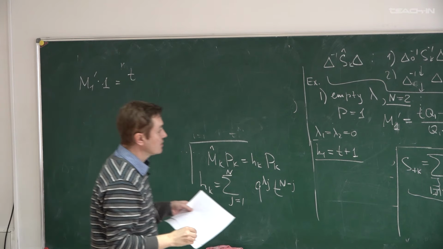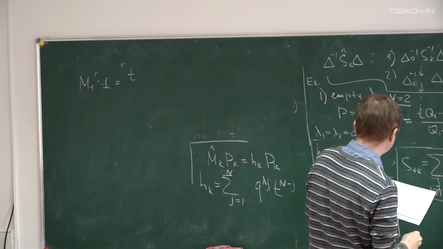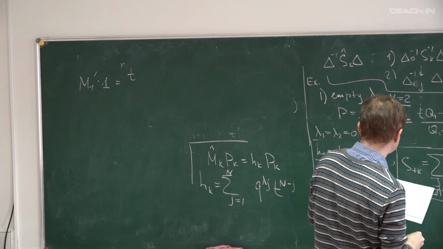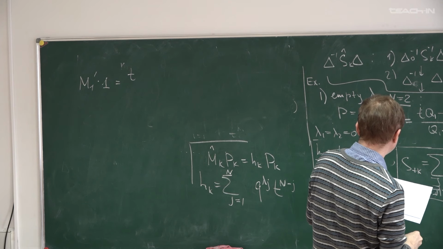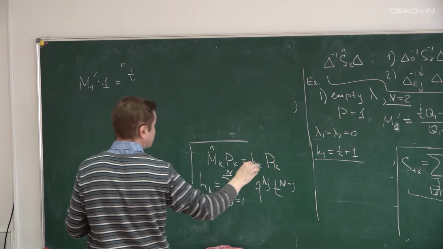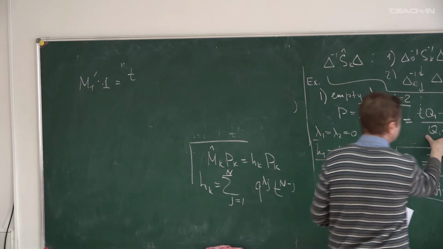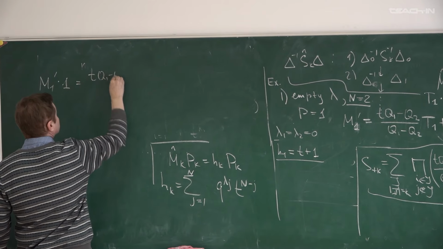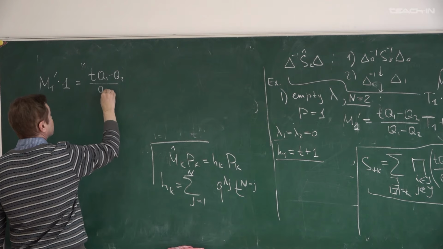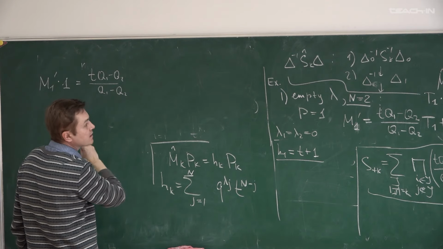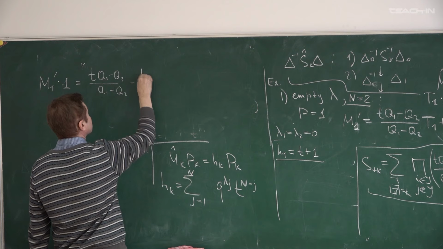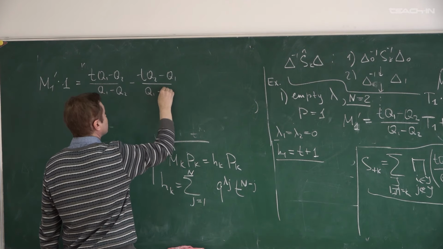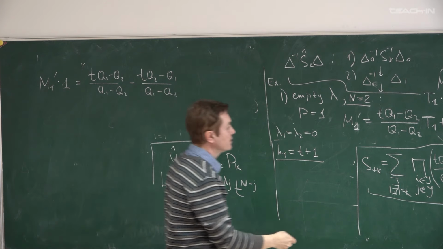We obtain just a sum of these coefficients, yes? This plus this. t q1 minus q2, and let me write it like minus t q2 minus q1 divided by q1 minus q2. I changed the sign.